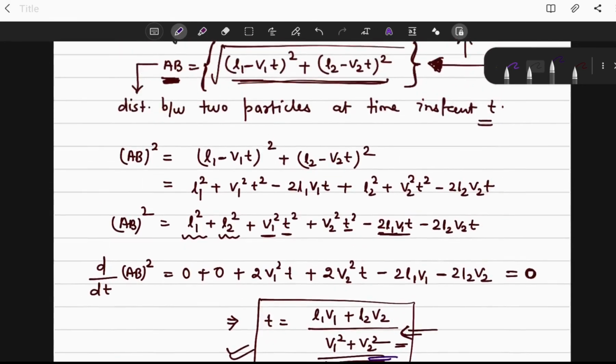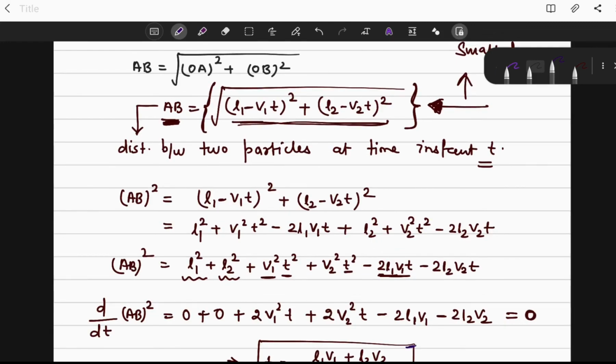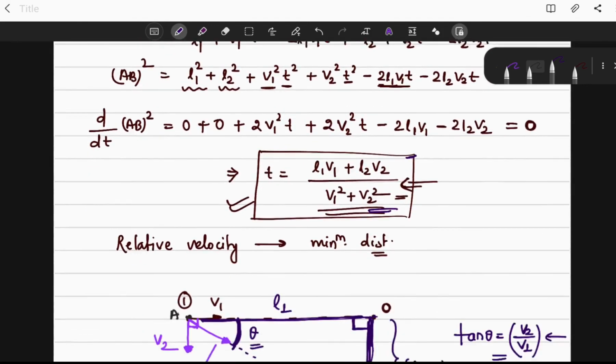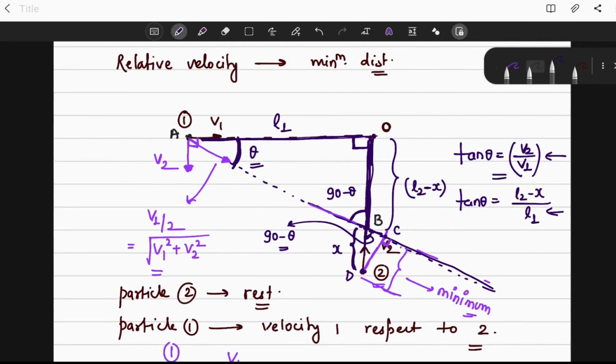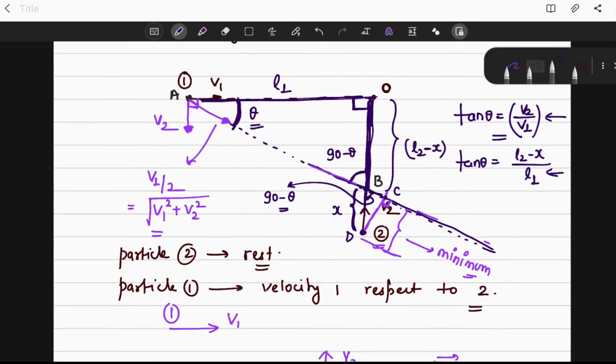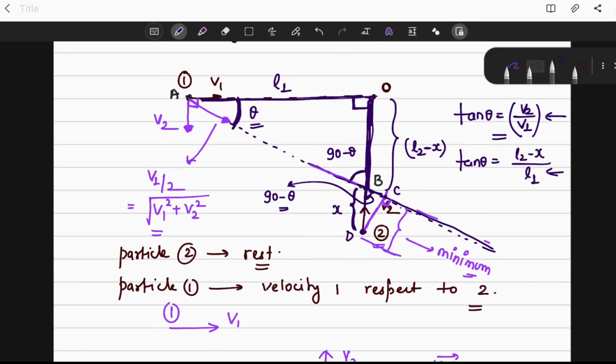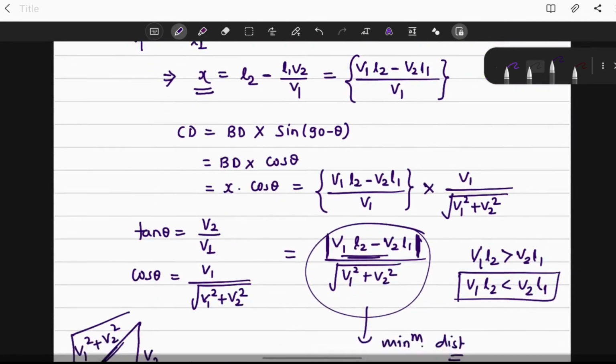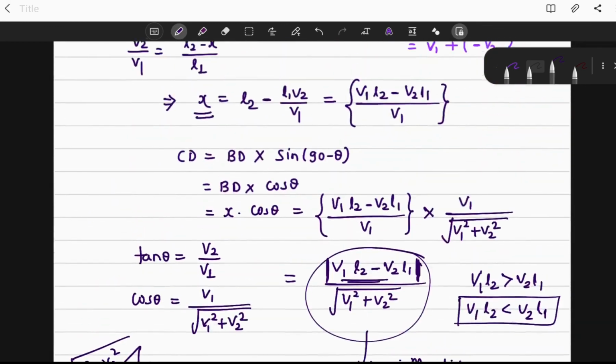If we substitute that time into the expression, we can find the distance, but this is a somewhat tedious task. So for that we used the concept of relative velocity, and from the geometry we found the minimum distance CD. I hope the procedure is clear.